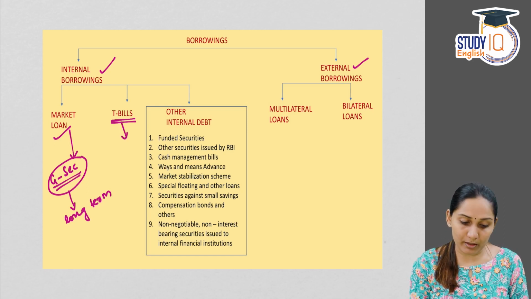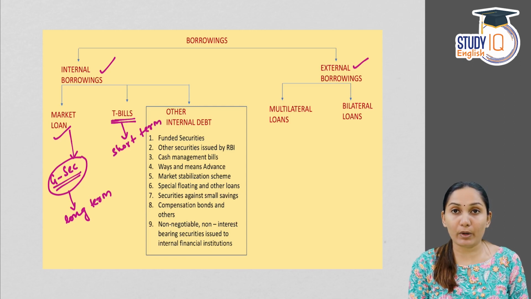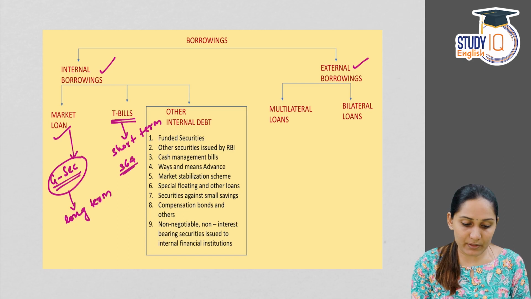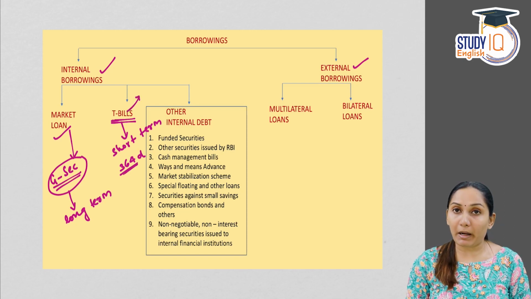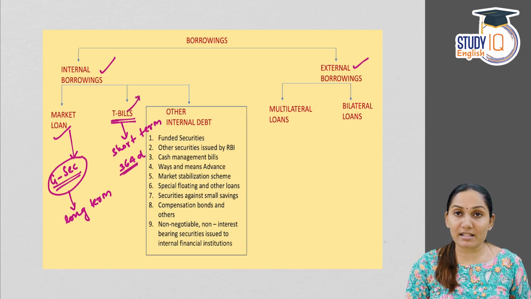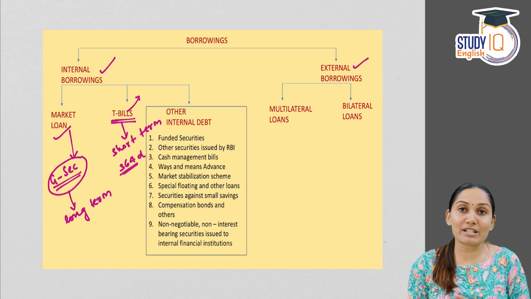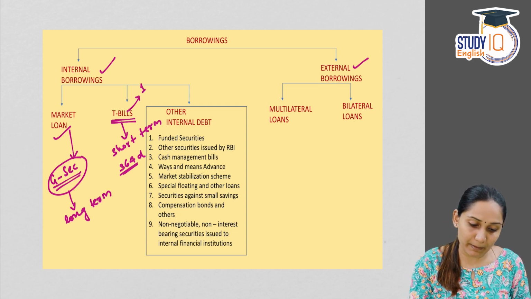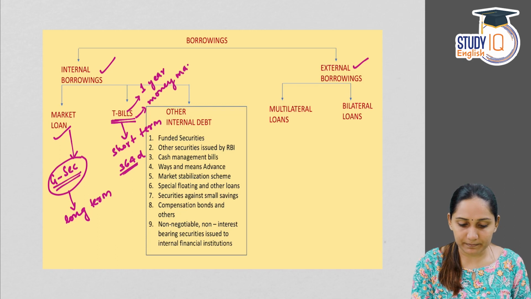Treasury bills are short-term instruments whose maturity period is less than 1 year and maximum is 364 days. That's why we call treasury bill a money market instrument. Money market instruments are those instruments for which the maturity period is less than 1 year.